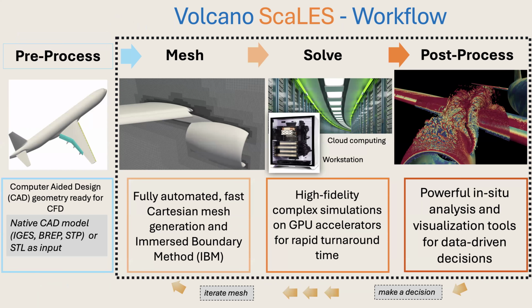he submitted in 2.4. So before that, I'd like to touch a little bit on the workflow with Volcano Scale, and please, this is not an advertisement, that's just explaining what the process is. In the pre-process, we really don't do anything with the CAD model, but if we have the CAD model ready for CFD, like a native CAD model, IGES, BREP, STEP, or if the user has an STL file, it might be an old model, the mesh generation can start immediately.